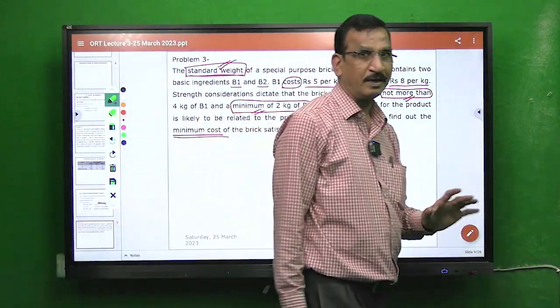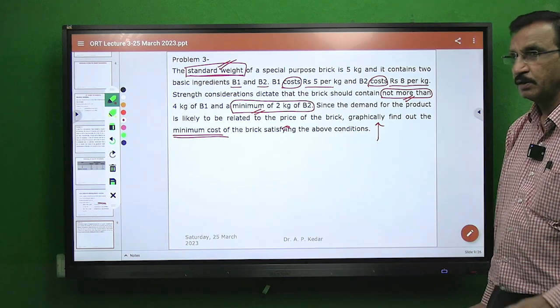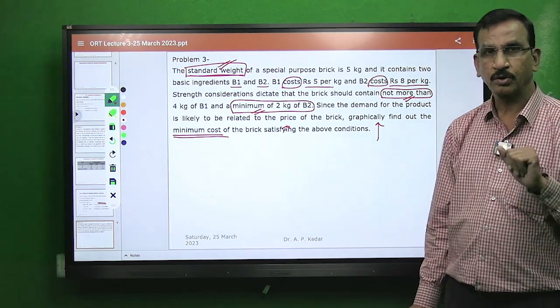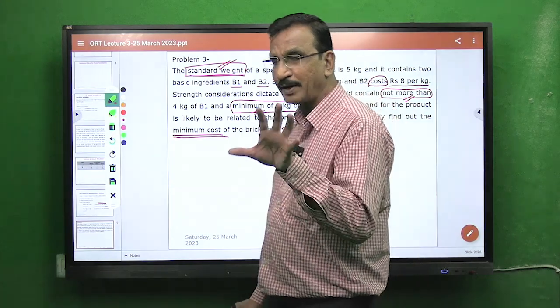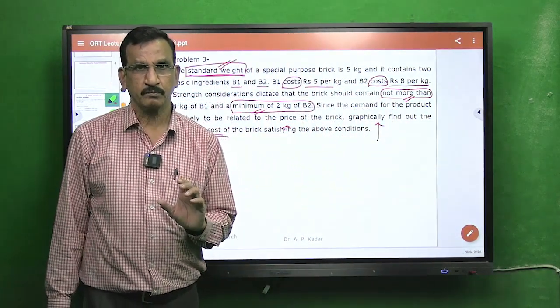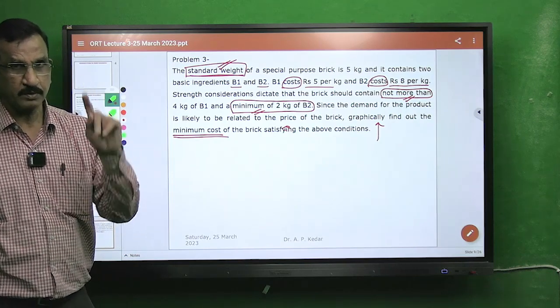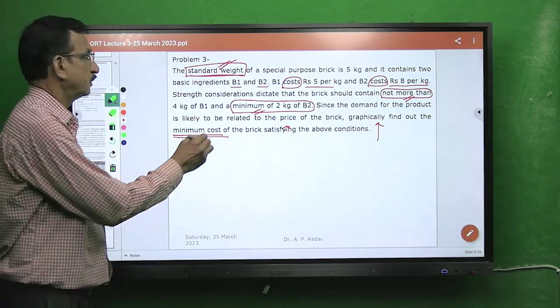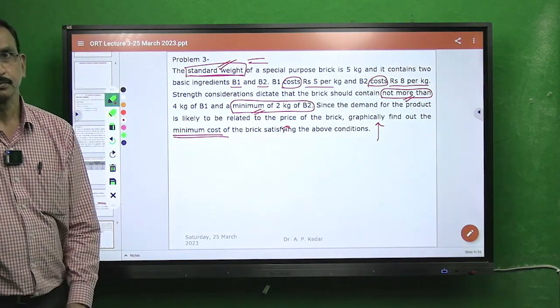It cannot be less than 5 kg. So now this is a very important problem wherein you will come across all three signs. We know that when it is an implied condition, must or standard like that, as we have seen in our earlier lecture, the sign to be used is equal to.